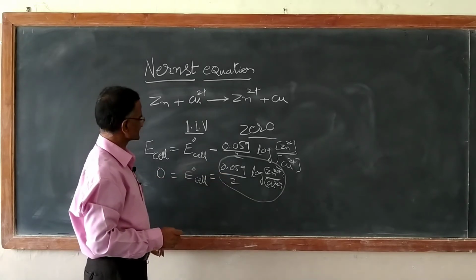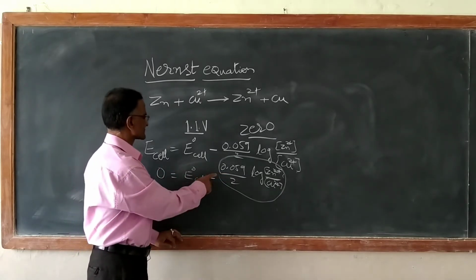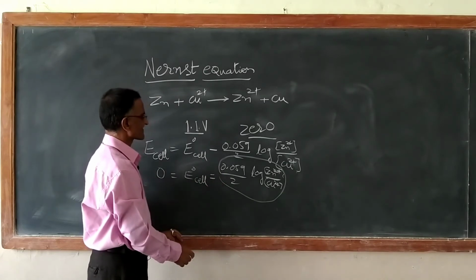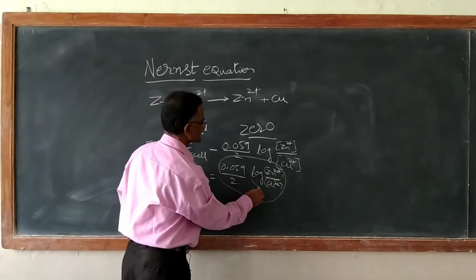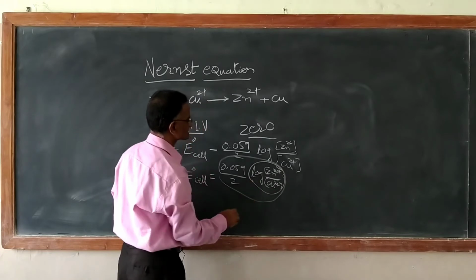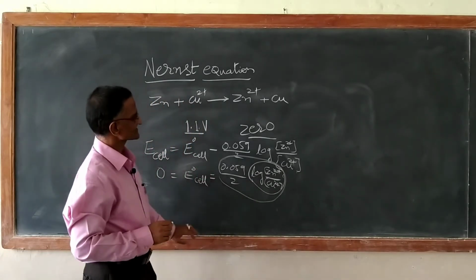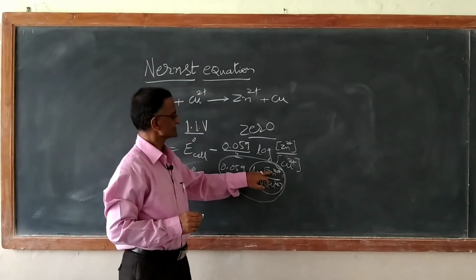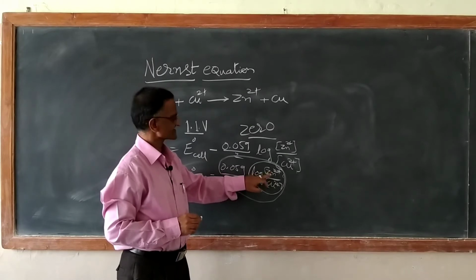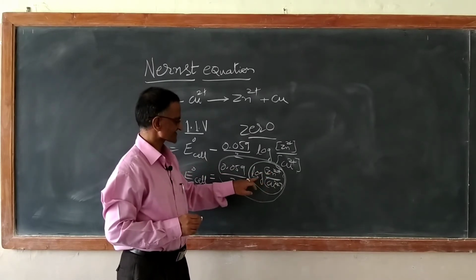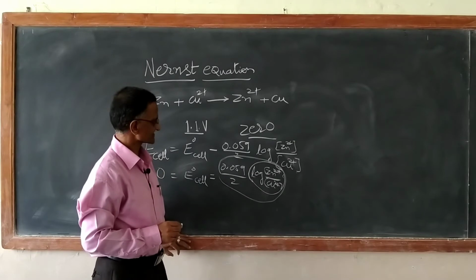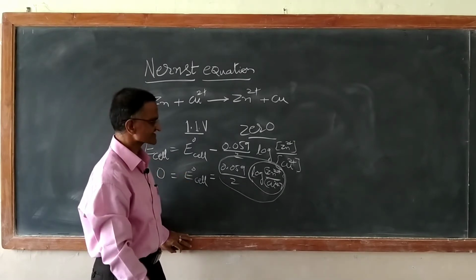Now, how to find out? From this relation, I want to find out the concentrations of Zn2+ ions in the left half cell and Cu2+ ions in the right half cell. How can I rewrite this relation?